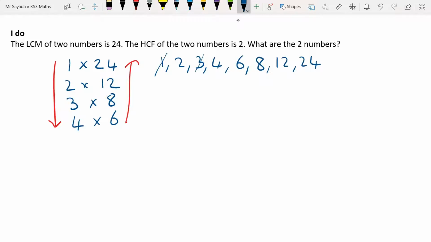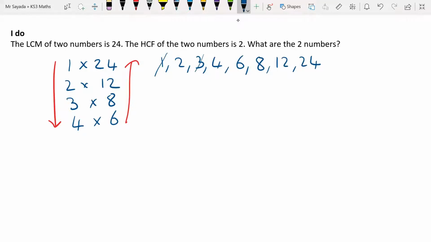I need to find two of those numbers which have a lowest common multiple of 24 and a highest common factor of 2. So I'm going to start by finding combinations with no factors higher than the highest common factor. So their highest common factor needs to be 2.